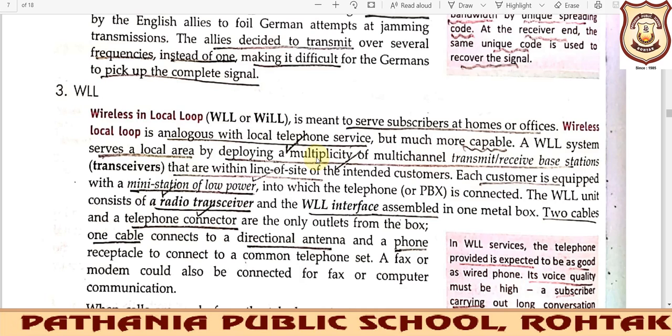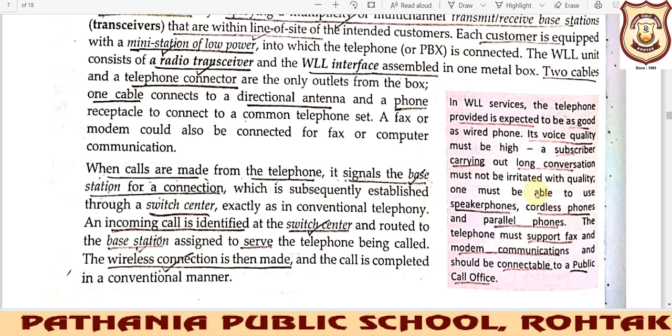In WLL services, the telephone provided is expected to be as good as the wired phone, and the voice quality must be high, because the subscriber carries a long conversation, so he should not feel irritated because of the quality. One must be able to use speaker phones, cordless phones or parallel phones. The telephone must support fax and modem communication and should be connected to the public call office.